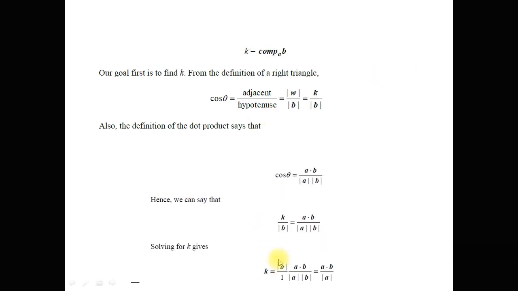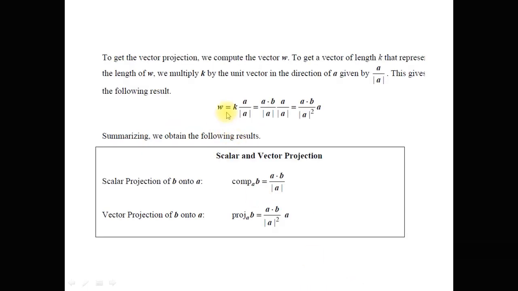So W is equal to A dot B divided by A magnitude into A divided by A magnitude, which implies A dot B divided by A magnitude square into vector A.